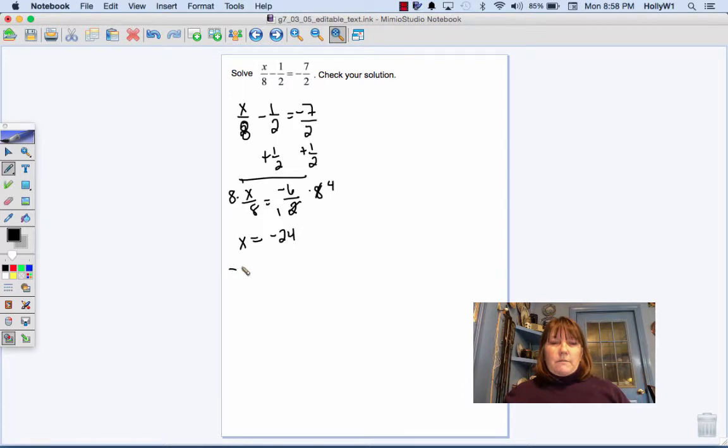So negative 24 divided by 8, subtract 1/2, is that equal to negative 7/2? All right, so let's simplify this.